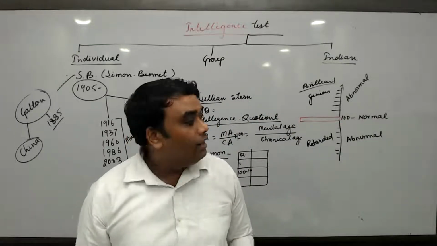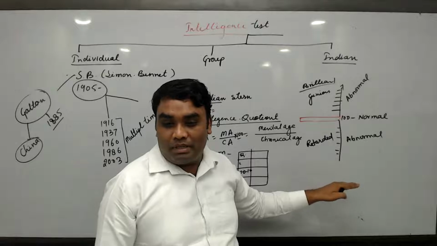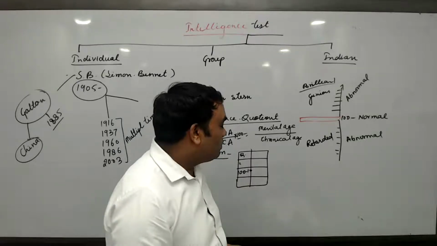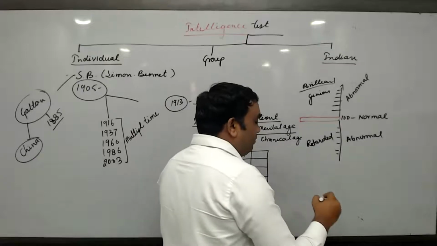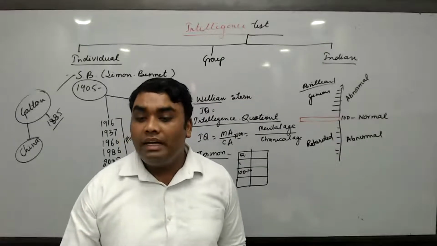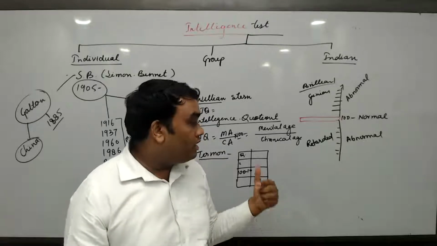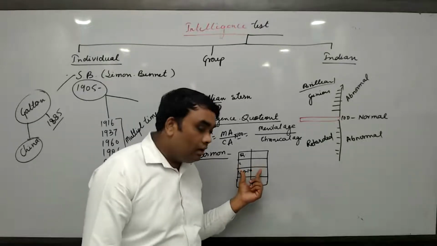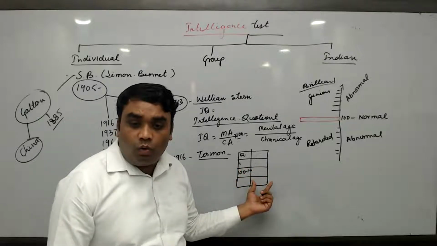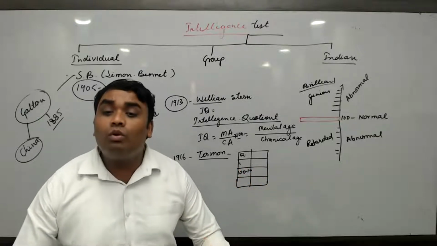Mentally retarded. They are mentally retarded people. Different types of retardation have been mentioned by different psychologists, because this table was not only provided by Terman, it was provided by many more psychologists.